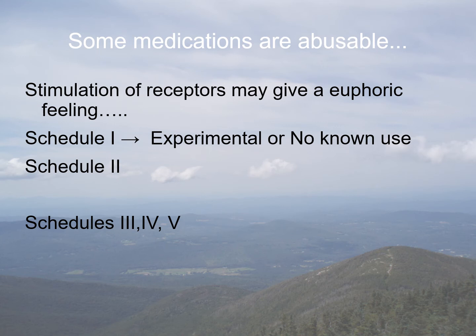Schedules 3s, 4s, and 5s are less abusable. You can actually put refills on 3s and 4s, and even 5s. Schedule 2s have to be done with either special paper, although pretty much that's gone. Now they have to be done through an EMR with a unique one-time password double validation system.